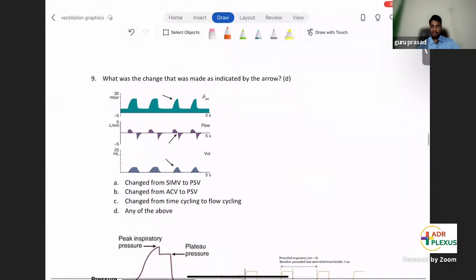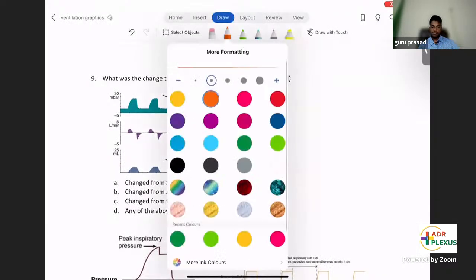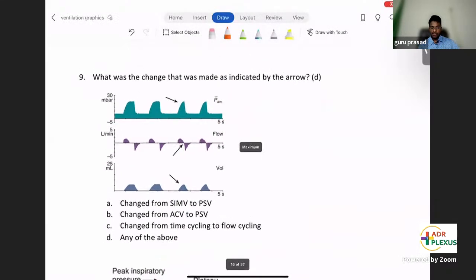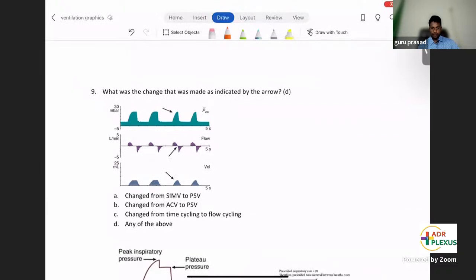In the central exams, this graph has been asked some 10 or 20 times. So can anyone tell what is happening in this graph? I will draw it for you easily.